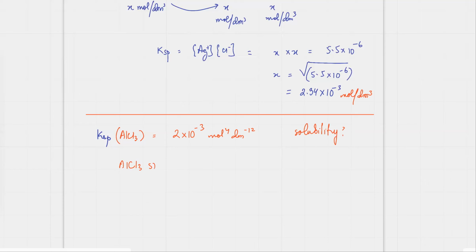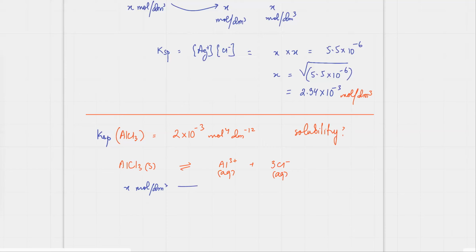So I've got AlCl3 solid. I'm trying to dissolve it. The solution becomes saturated. So it's Al3 plus aqueous plus 3Cl minus 1 aqueous. Now I have no idea in a saturated solution how much AlCl3 is going to dissolve. So I'm going to assume that x moles per dm cube dissolves.